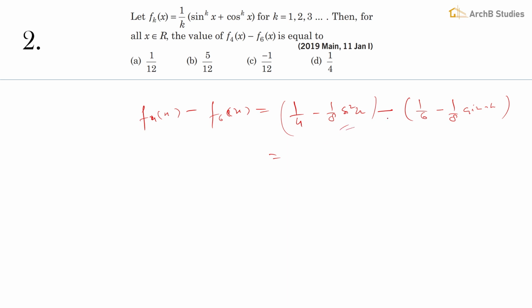So we have this thing same, this will be null. Left with 1/4 minus 1/6.